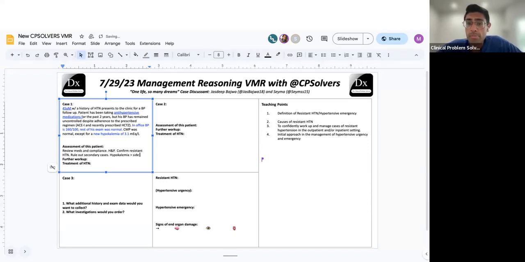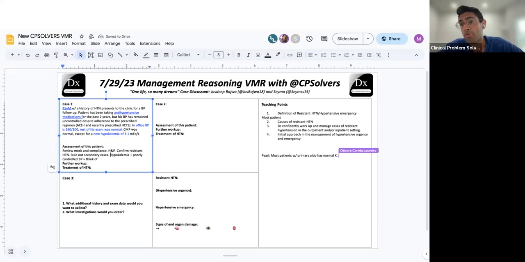Most patients with primary hyperaldosteronism will have a normal potassium level. In fact, less than 40% of patients with primary hyperaldo will have hypokalemia. However, a clue that this patient may have primary hyperaldo is a pretty significant drop in potassium after starting a thiazide diuretic.